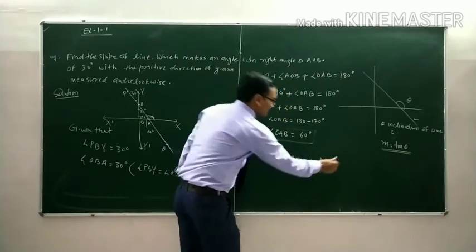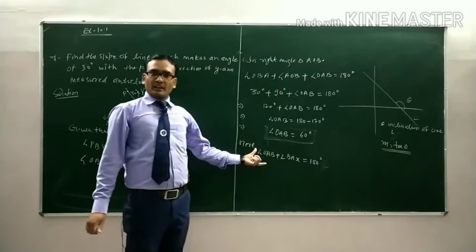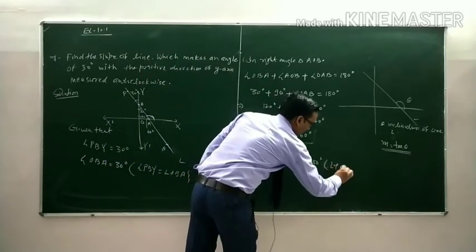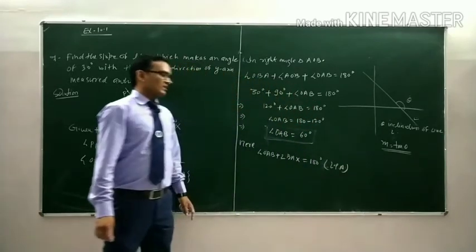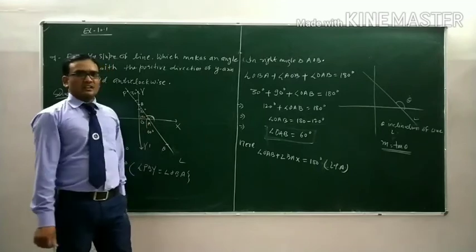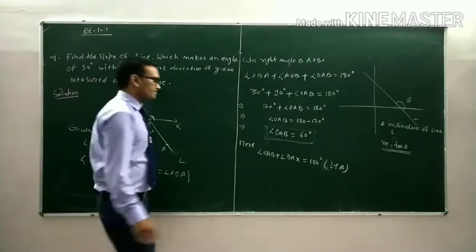Why students? These two angles are a linear pair. The sum of linear pair angles is 180.